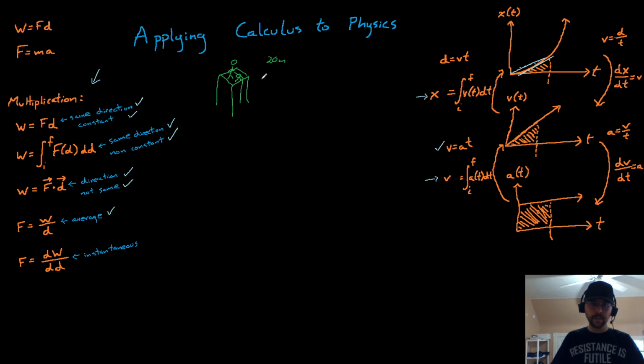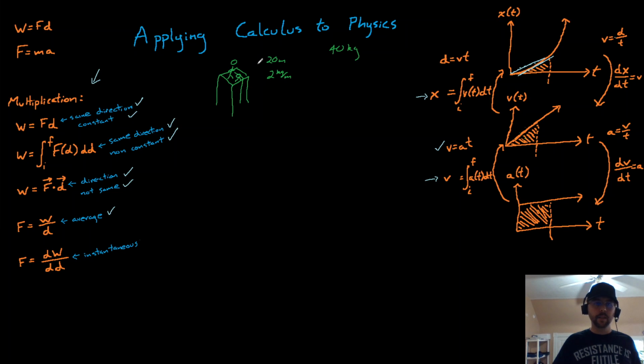The linear density of the rope is 2 kilograms per meter. Okay, so first off, the full mass of this rope is going to be 2 times 20, so it's going to be 40 kilograms. So we have a 40 kilogram rope that we're pulling up the side of a building.